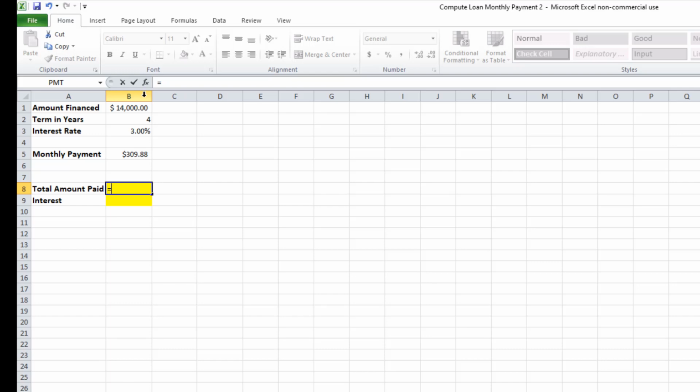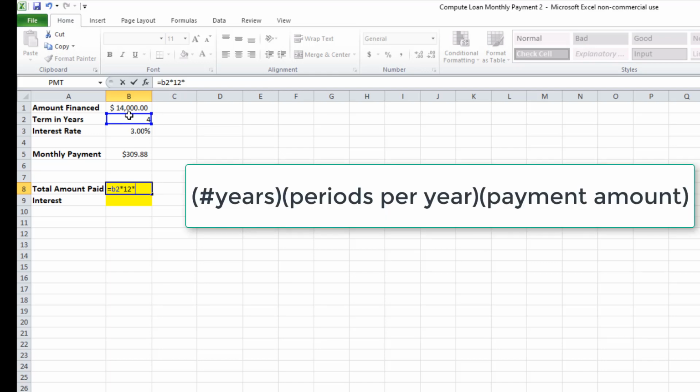So it's cell B2, the number of years, times 12, and then again asterisk, times the amount per payment, 309.88, which would be cell B5.